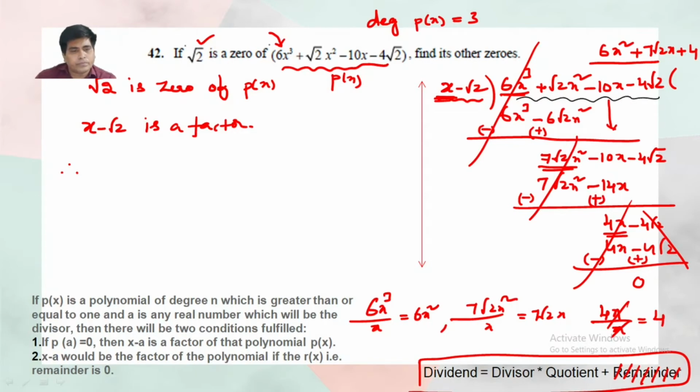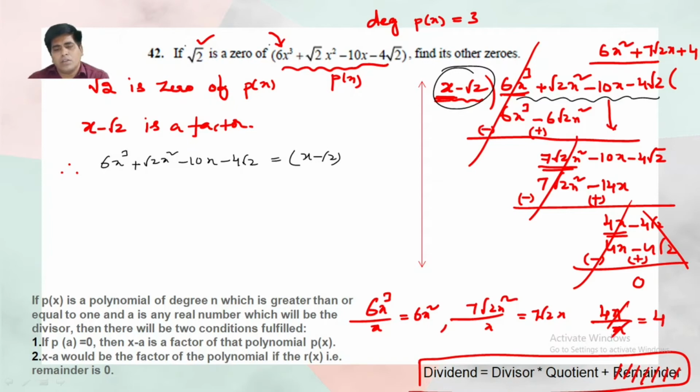so what we'll get here is 6x cube plus root 2 times x square minus 10x minus 4 root 2 is equal to divisor. Divisor here clearly is x minus root 2. This is x minus root 2 into quotient.